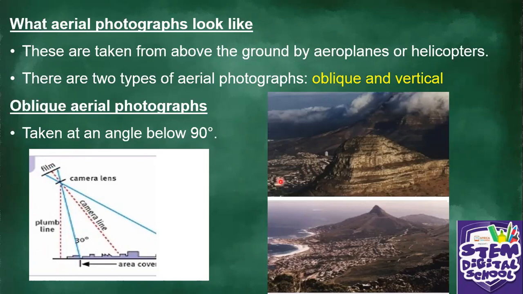These 2 pictures on the right are showing oblique aerial photographs, pictures taken at an angle below 90 degrees. So the camera will be taking the photograph at an angle, not straight from above.